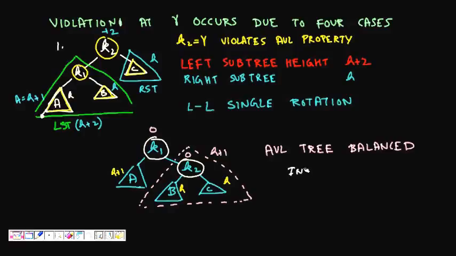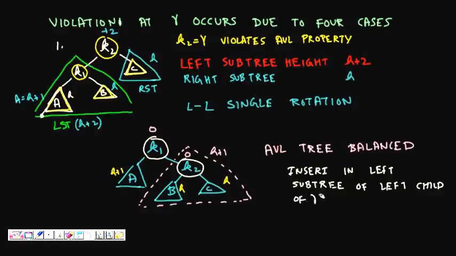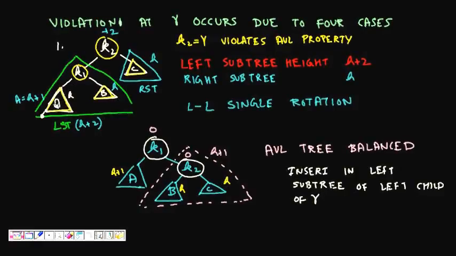So insertion in the left subtree of the left child of gamma is happening. So this is LL. To make it balanced, a single LL rotation will do this.